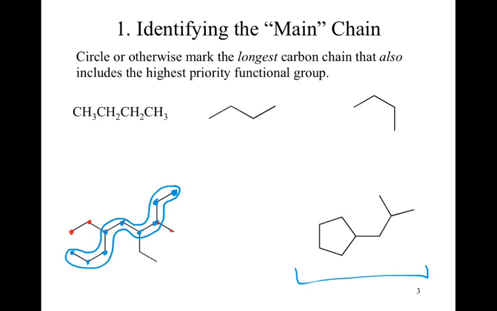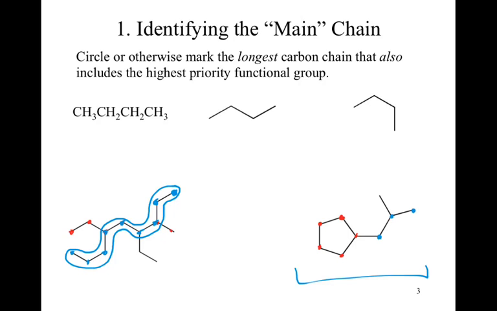So what we would do is count the carbons in our ring, which in this case would be 5, and we would count the carbons in the longest continuous chain in our substituent. Notice that I am not highlighting that last carbon because it's not part of the same length of chain. It is a branch coming off of it.